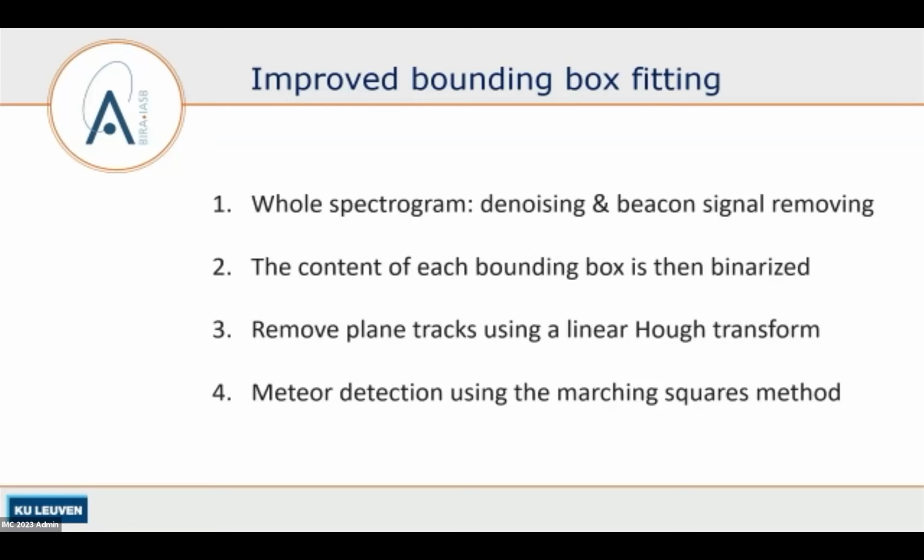Then you may have at least one meteor in this bounding box, but you can also have plane tracks. Those we remove using the linear Hough transform, because they could sometimes connect different meteors with each other. In the last step, we detect the contour of the meteor using the marching squares method.